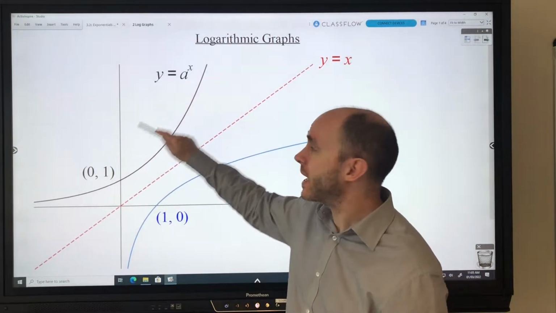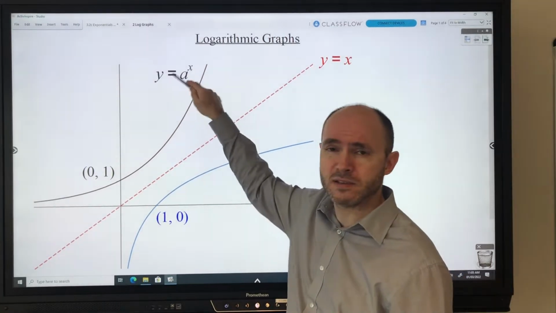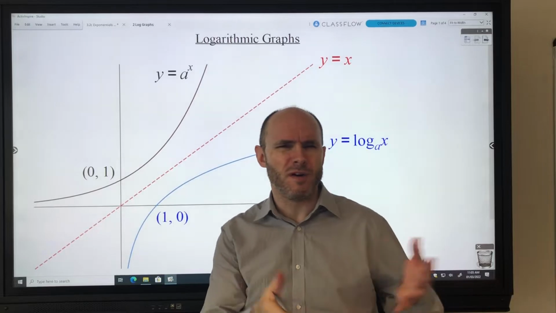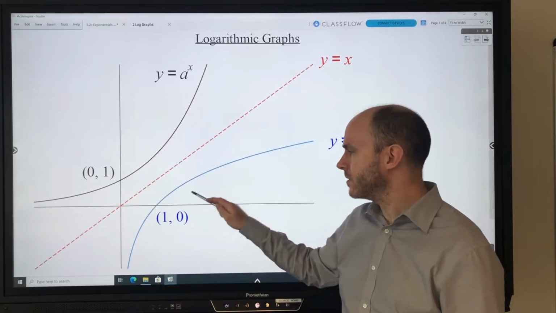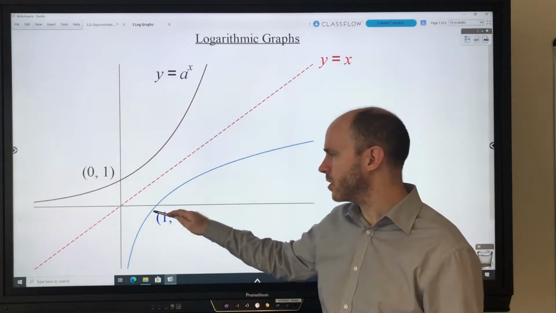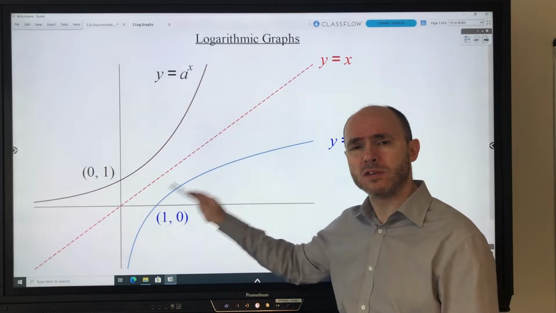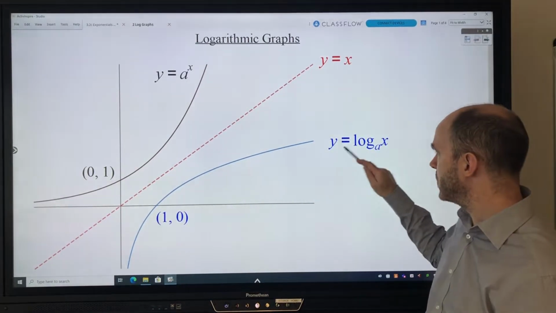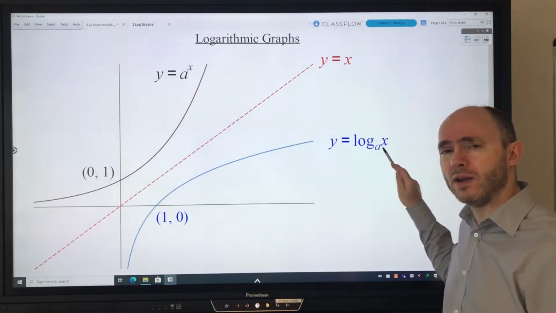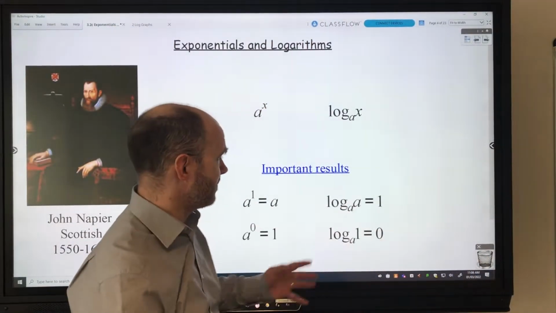That is because a to the power of 0 is 1, where we assume a is a number like 2 or 5, or simple number like that. Okay. Similarly then, when you find the inverse, the x-intercept is also going to be 1. So (1, 0) is where the logarithm graph will pass through. And that is no matter what base number you have, you're always going to have the log of 1 is equal to 0. So that's that, okay?